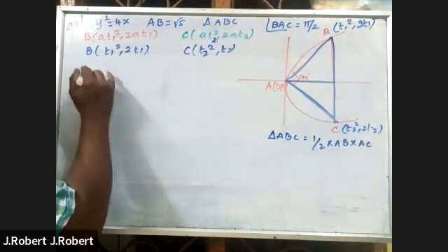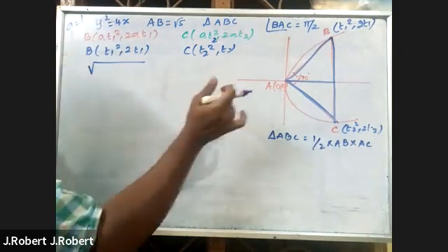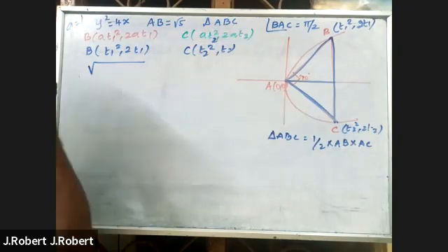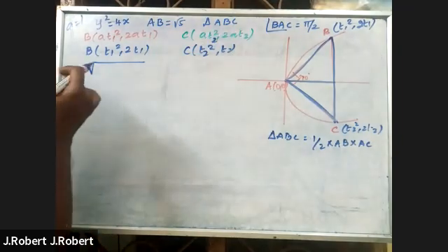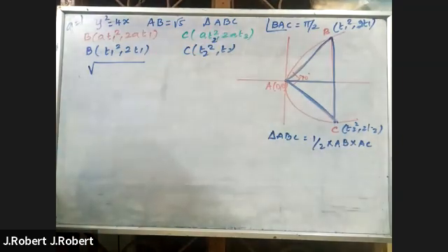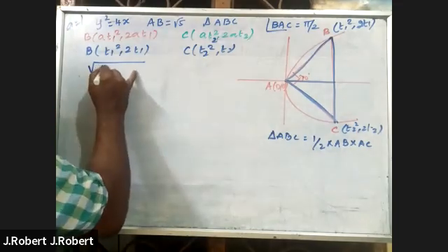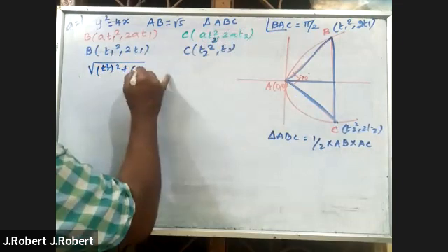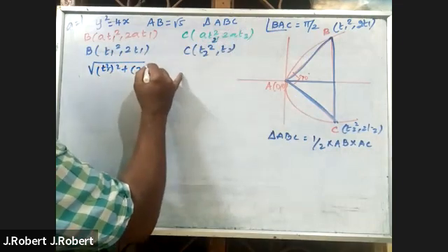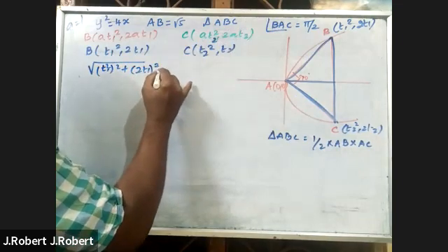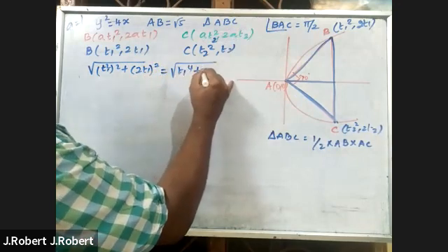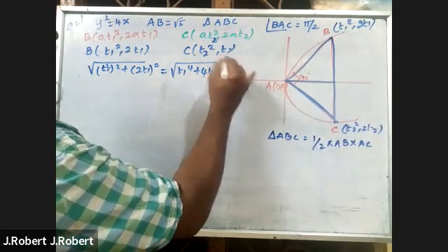Using the distance formula, AB is the square root of (t1 square minus 0) the whole square plus (2t1) the whole square. That is t1 power 4 plus 4t1 square.